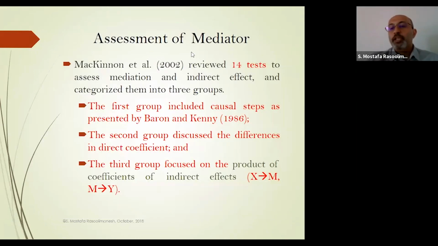For assessment of a mediator, there are many different approaches to assess a mediator statistically. MacKinnon 2002 categorized 14 different tests under 3 categories. The first category is the causal steps category.